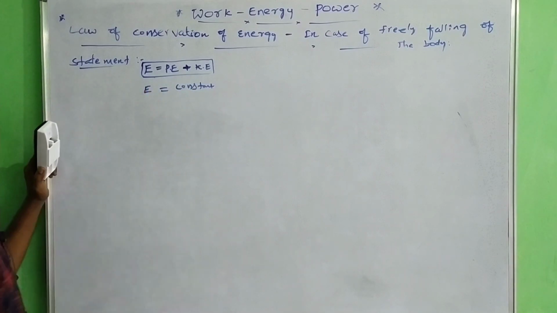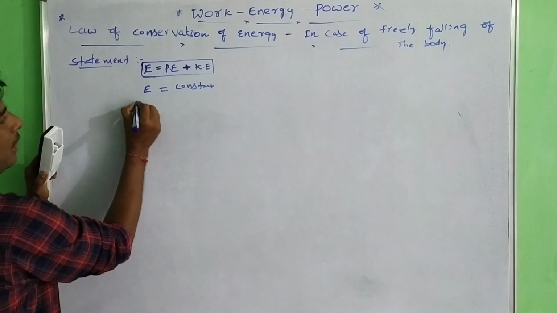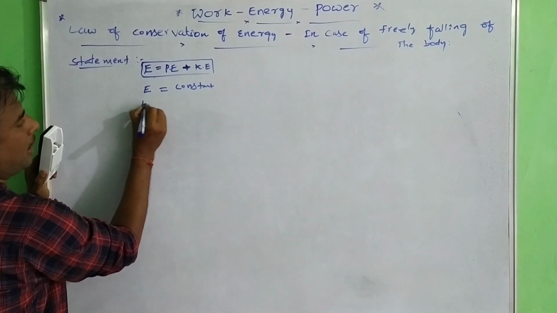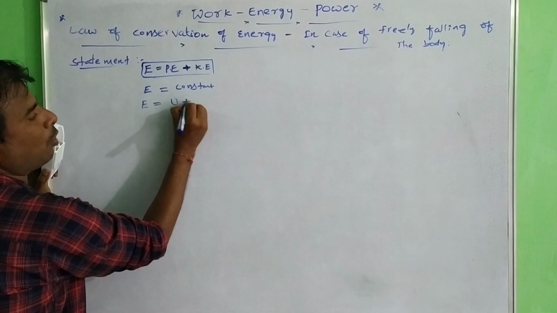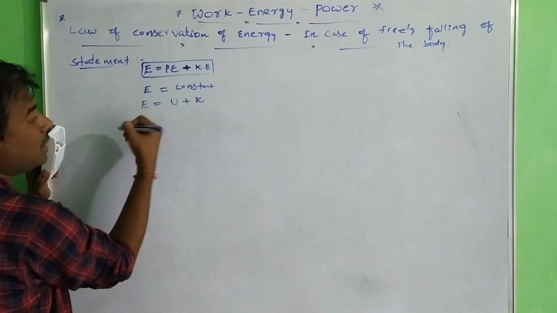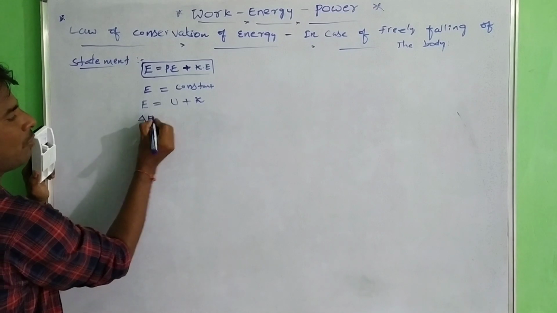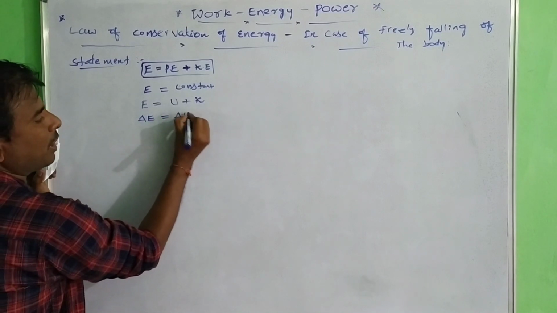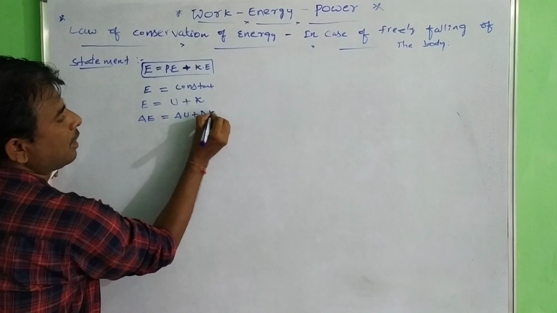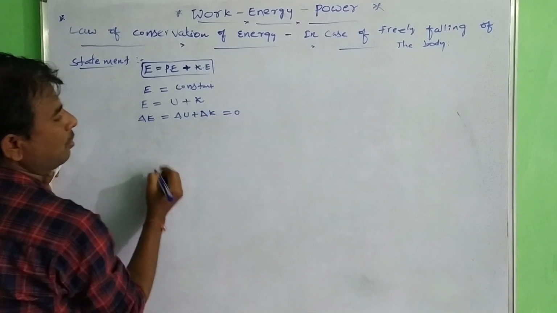This is mechanical energy, and again E equals the sum of potential energy and kinetic energy. Mathematically, the change in energy, delta E, equals delta U plus delta K, which equals 0.